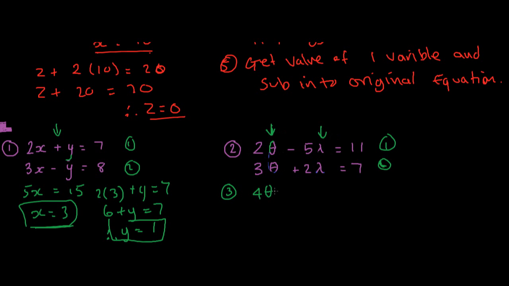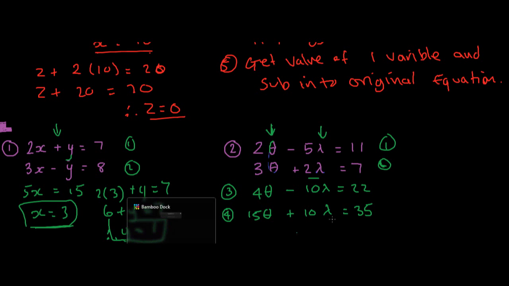So I've got 4 theta minus 10 lambda equals 22. And then my fourth equation: I have to make this 10, so to make 2 lambda into 10 I have to times by 5, so 3 times 5 is 15 theta plus 10 lambda equals 5 times 7, which is 35.